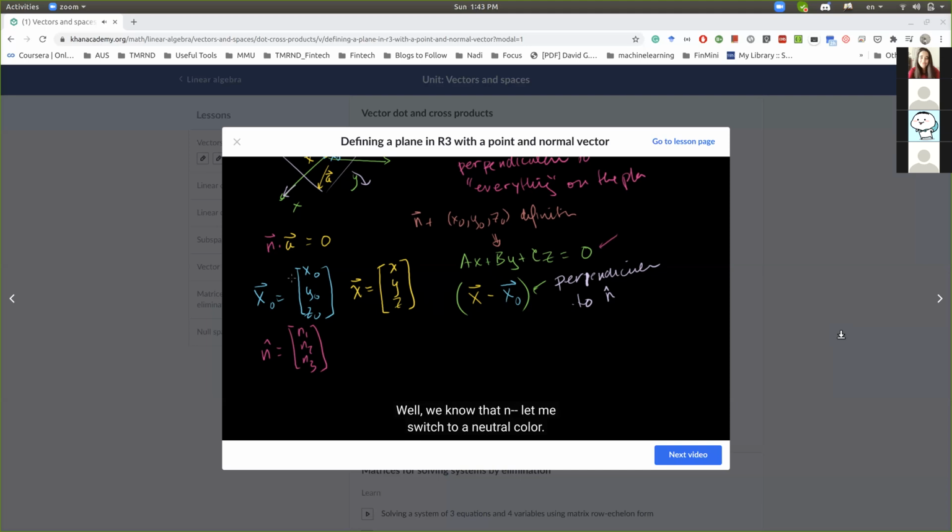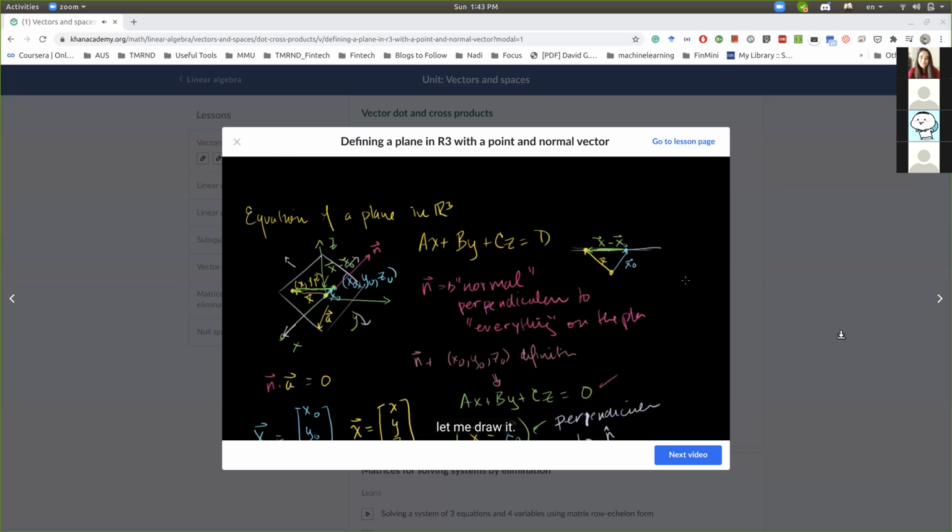Well, we know that n, actually I didn't want to do this caret here, n is not a unit vector, but let's say n, so it's going perpendicular to this, so the dot product of it, we saw that in the previous video, the dot product of n with this vector right here, actually let me draw it, I already drew the plane sideways, so I can actually draw my n vector.